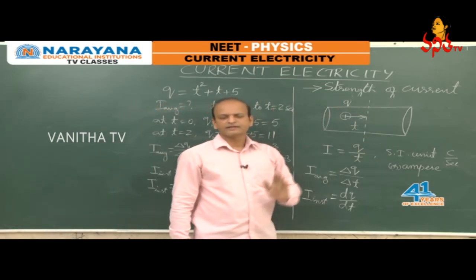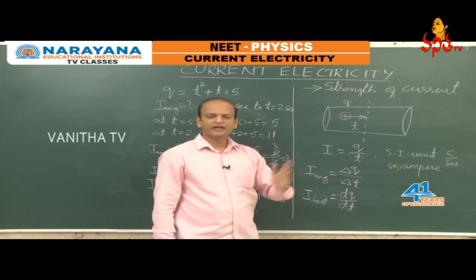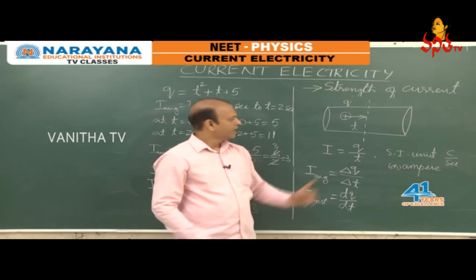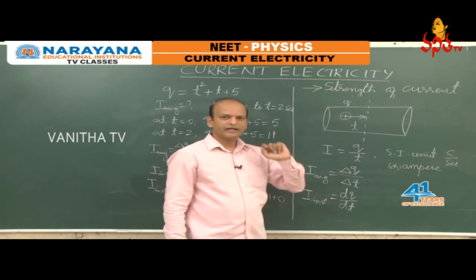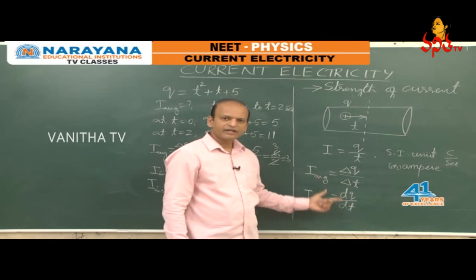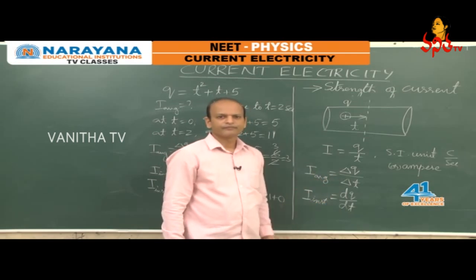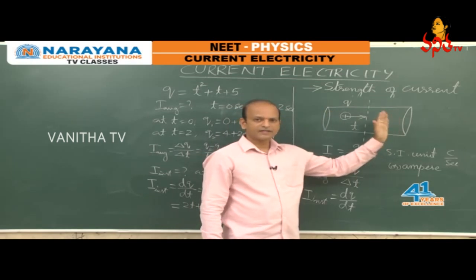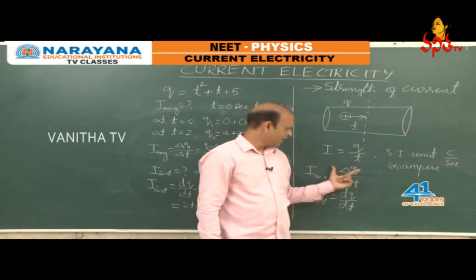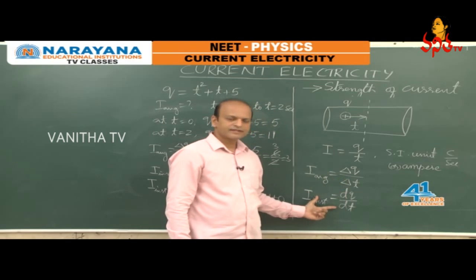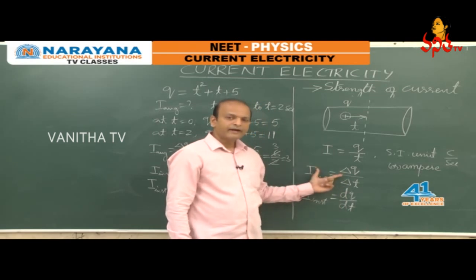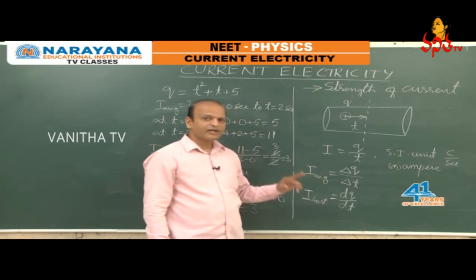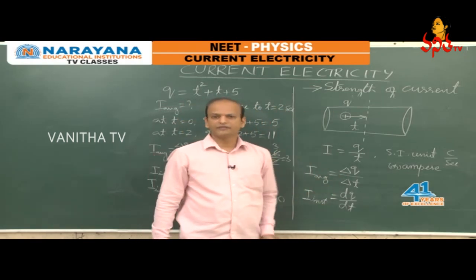If uniform charge is passing, the same amount of charge passing for every time, if charge is not varying, in that case average current and instantaneous current will be the same. If uniform flow of charge takes place, average and instantaneous currents are same, and they will be different if the flow of charge is different.